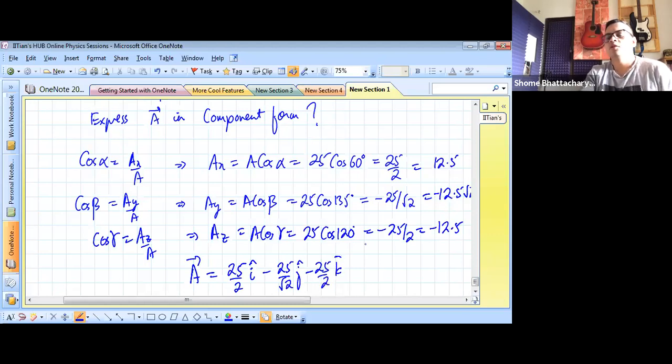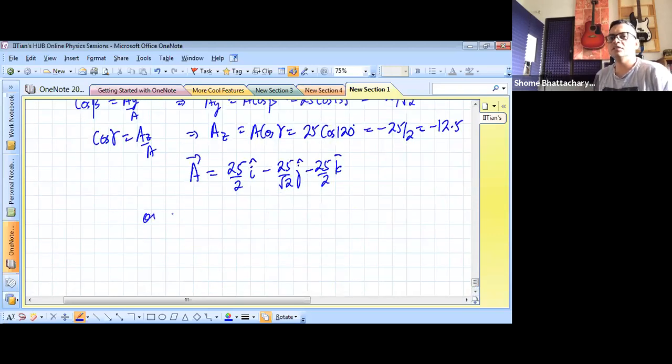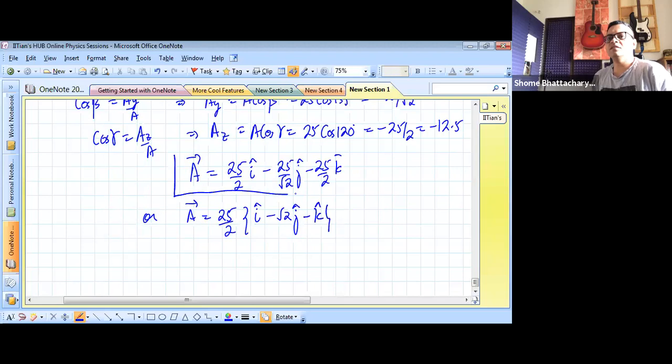Or you can take something common and write it like this also: take 25 by 2 common, so it will become i cap minus root 2 j cap minus k cap. So there are all these different ways in which we can express the vector. All of them are correct as long as we have written the components numerically correct. There is no problem. This is okay. This is okay.